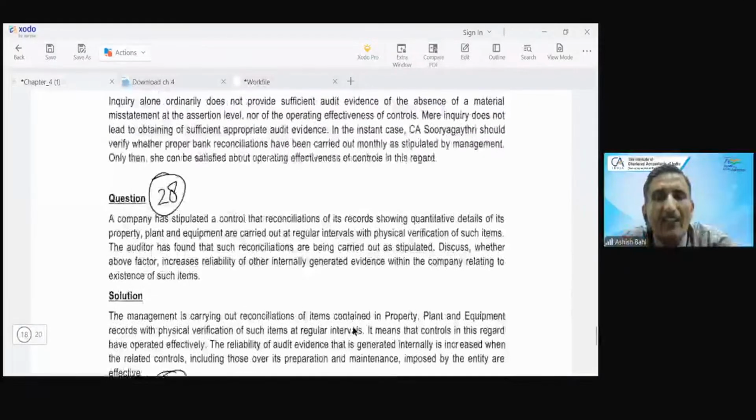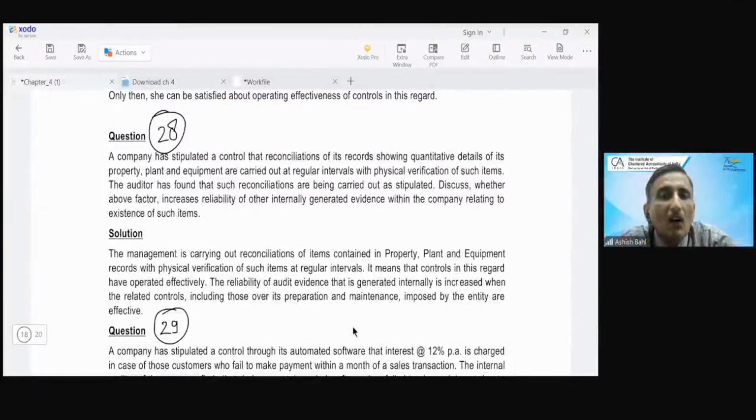So generally, the reliability of audit evidence generated internally is increased when the controls over such items are effective. It means the controls are operating satisfactorily and are able to prevent and detect material misstatements from occurring.